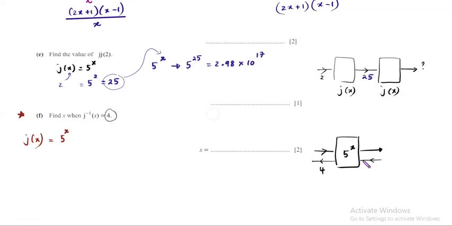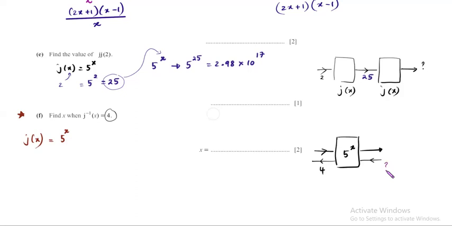That is, for the inverse function, the output we get is equal to this 4. That's what they're trying to say. That means if I try to do it the other way around, this 4 becomes the input for this 5 to the power x, and then they are asking what this output is.